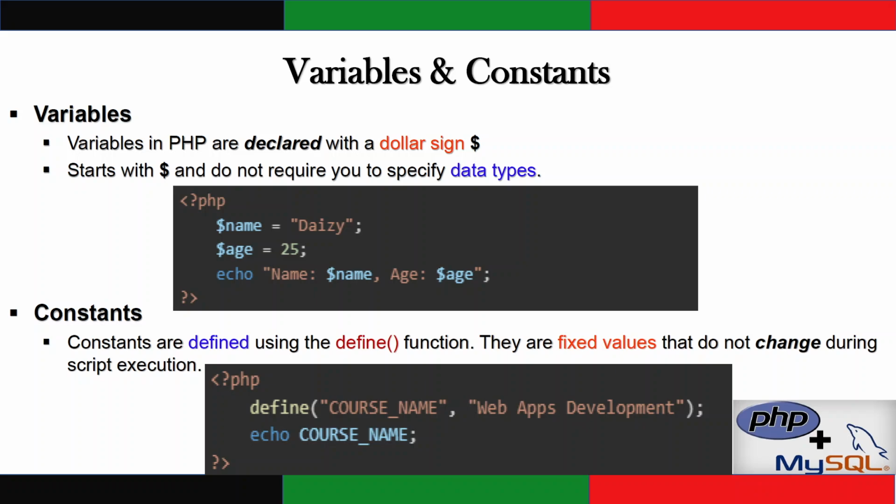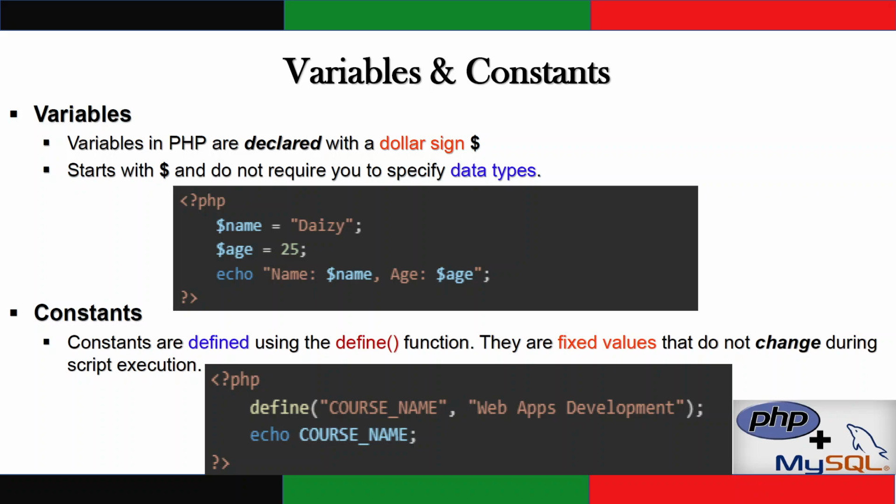Okay, so our variables, as I've mentioned, are containers or storage locations in our memory that we use to keep our data while the PHP program is running. To define a variable in PHP, again, we need a $ sign appended at the beginning of our variable name.